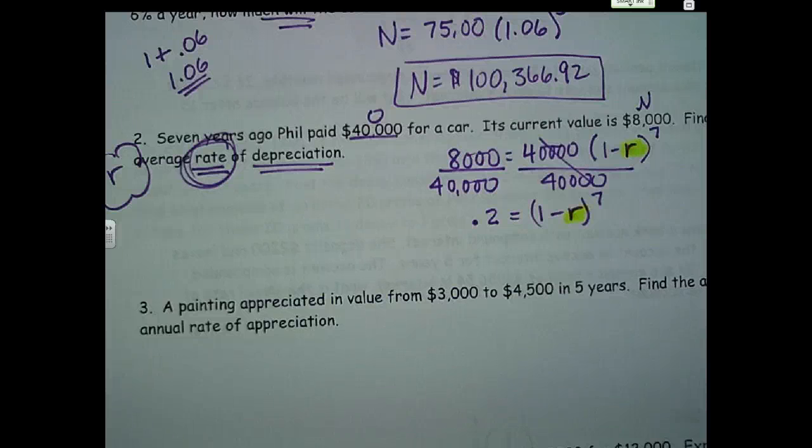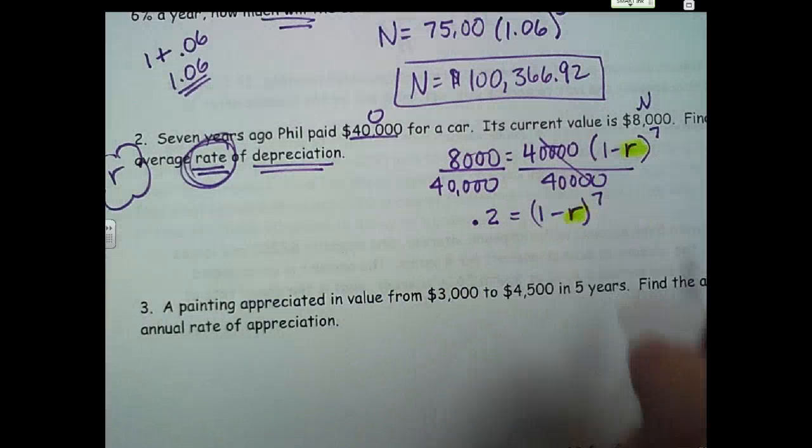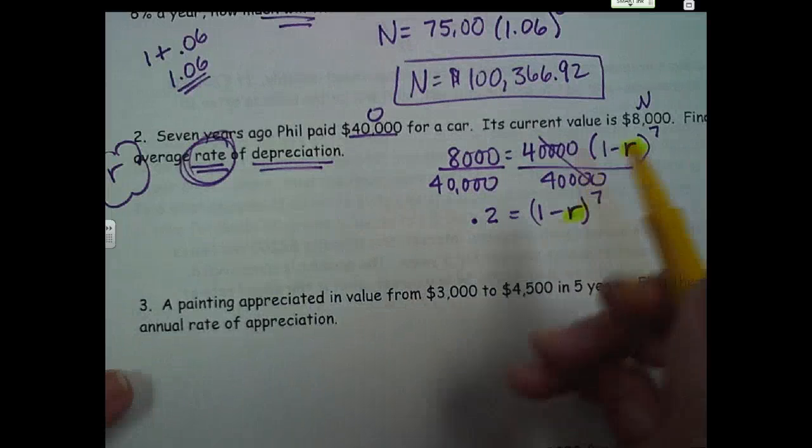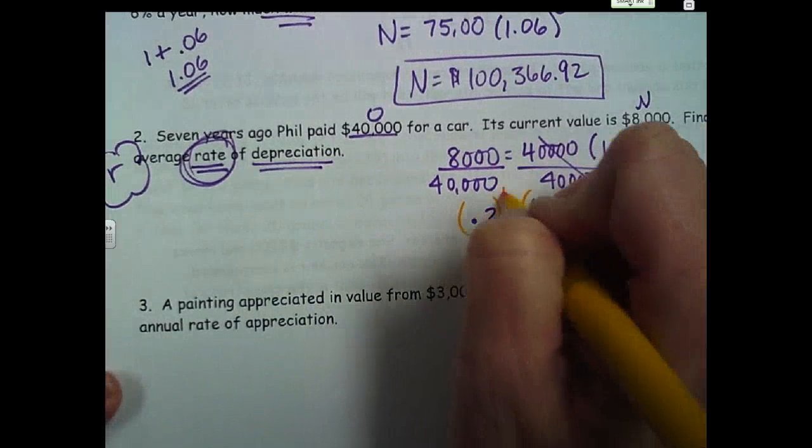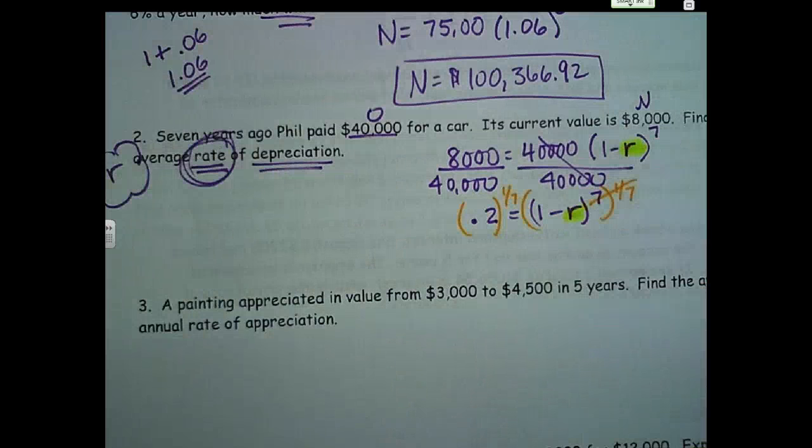Okay? So I'm going to raise this to the 1/7 power, and that will cancel. And then you raise this to the 1/7 power. Whatever you do to one side, you have to do to the other. So in your calculator, do me a favor and do 0.2 raised to the 1/7 power. You need to all do it, because if you're not getting it right in your calculator, it's going to be harder. Yeah, I got 0.79.